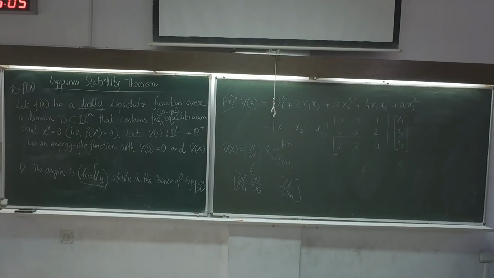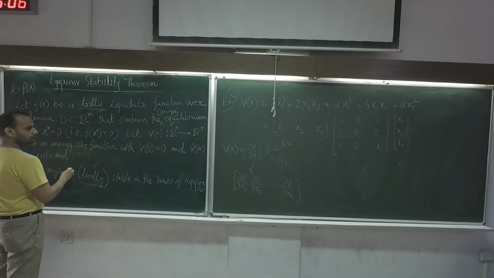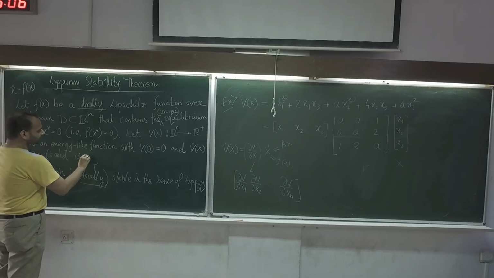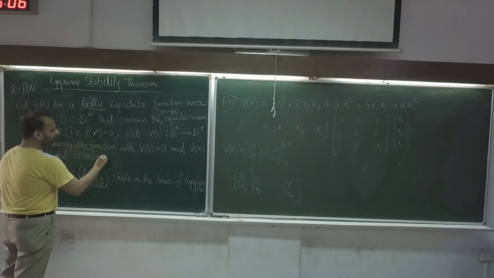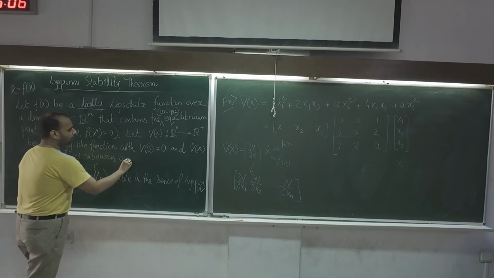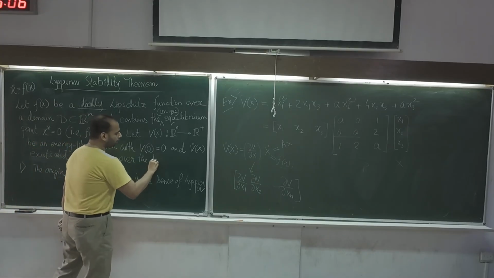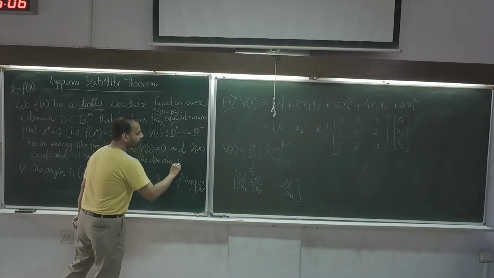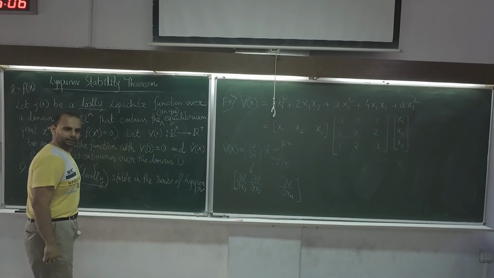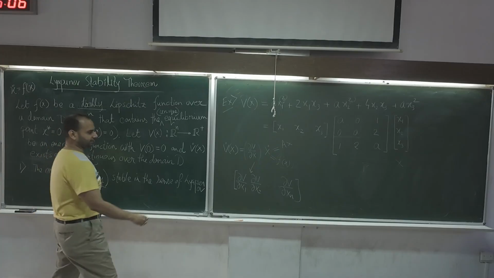So here, what I missed, I think it would be clearer if I write something more. And V dot x exists and is continuous over the domain D, containing x star.